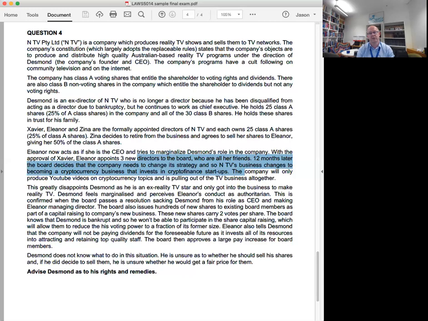Now there are questions and answers books that you can also get. And I'll just quickly grab one here. You should be able to find these in the library. There is a corporations law questions and answers book, looks like that.